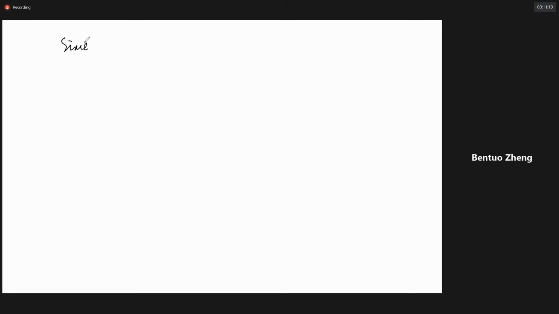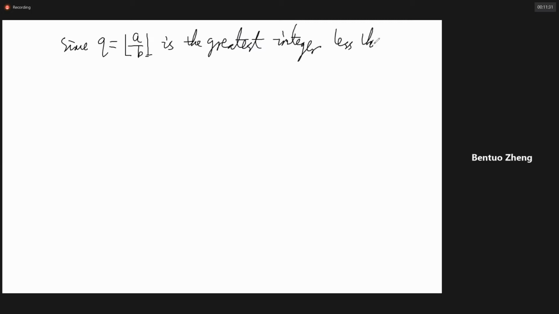Since q equals the floor of a over b is the greatest integer less than or equal to a over b, we have q plus 1 must be greater than a over b.